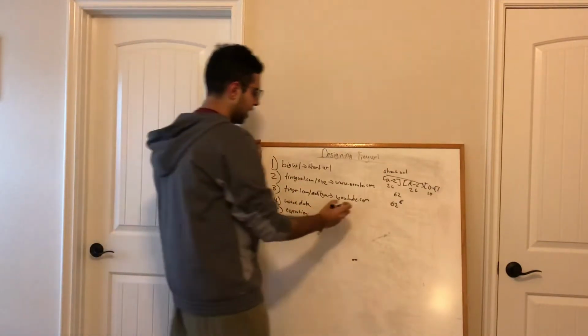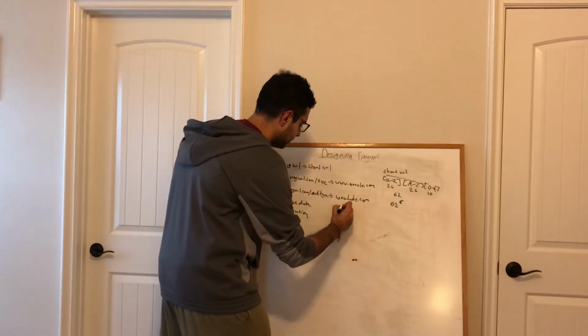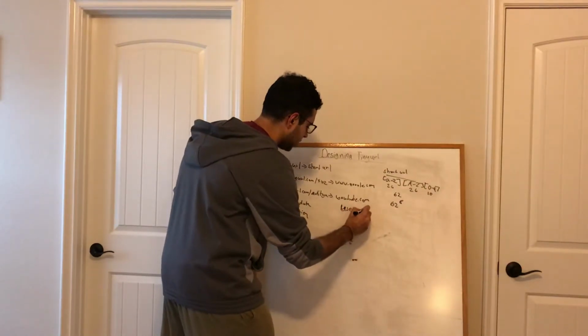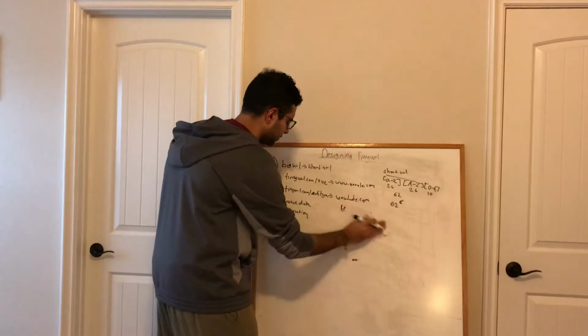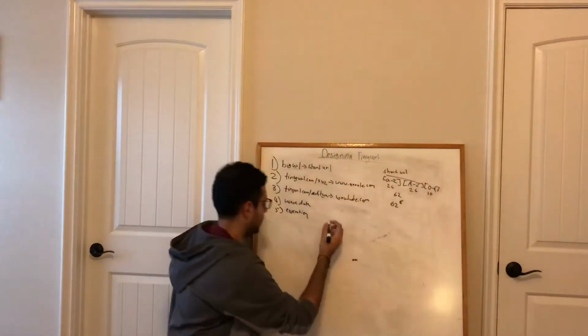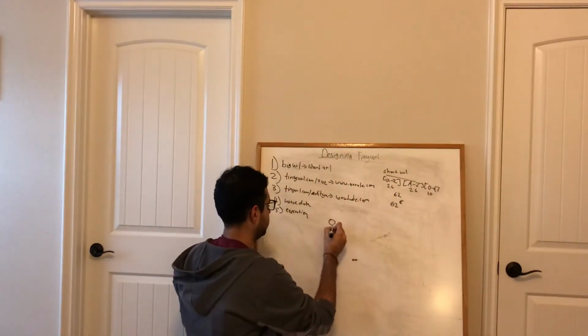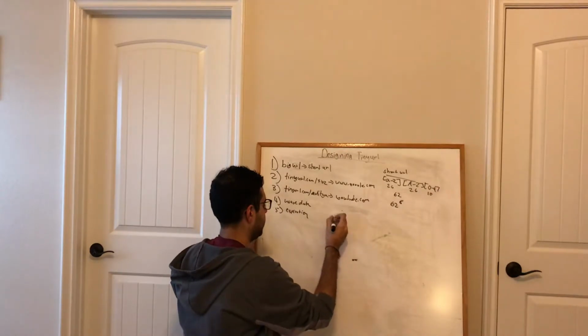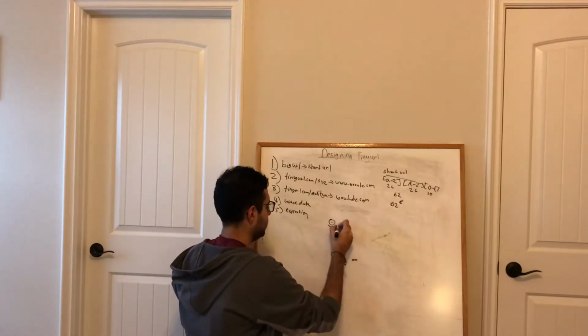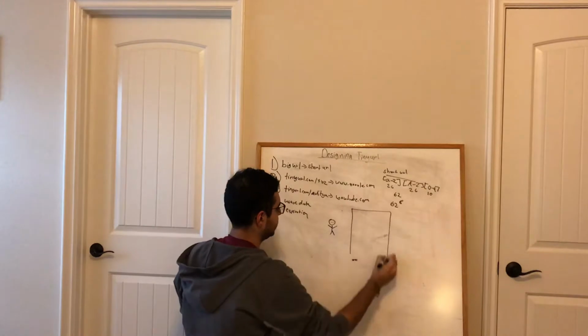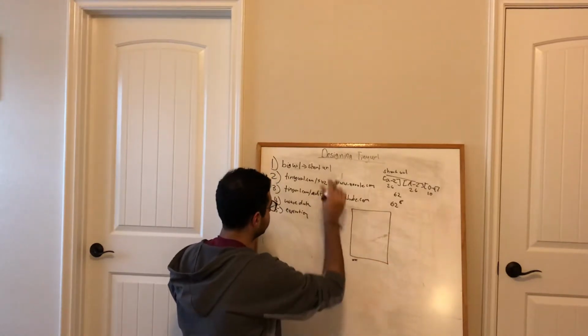So we could have, for example, let's say this is user one. User one queries our service, our system. So this is our system.